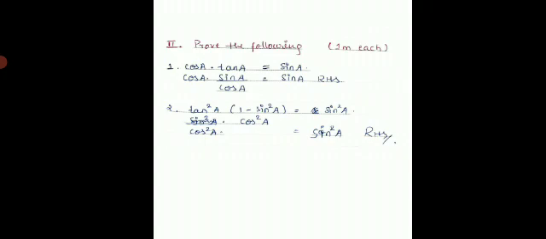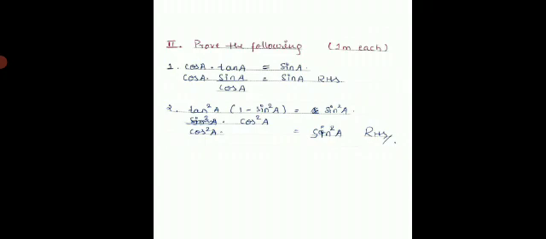Next, second one, tan square of A into 1 minus sin square of A must be equal to sin square of A. So here, tan square of A can be written as sin square of A upon cos square of A into, again from the basic identities, sin square theta plus cos square theta is equal to 1.